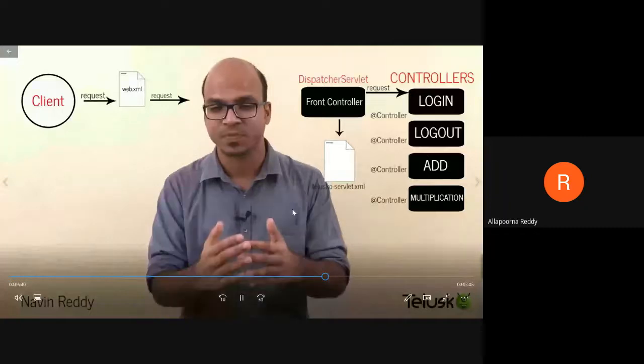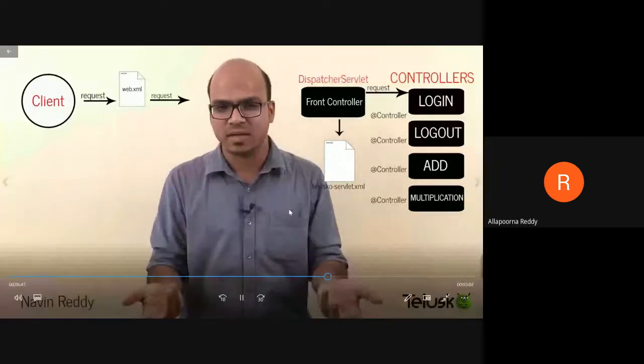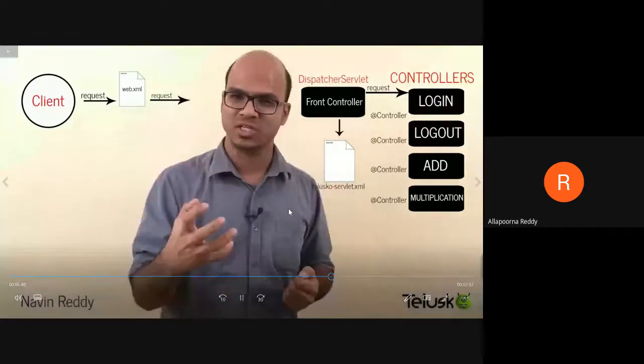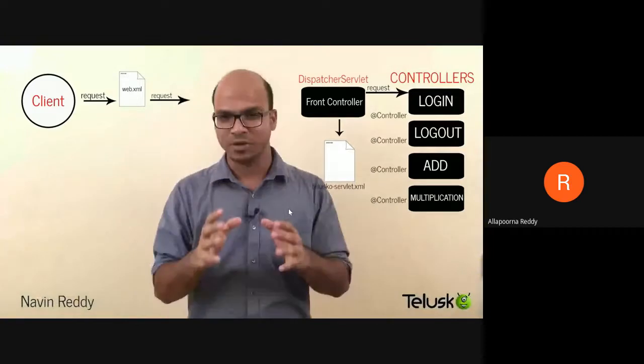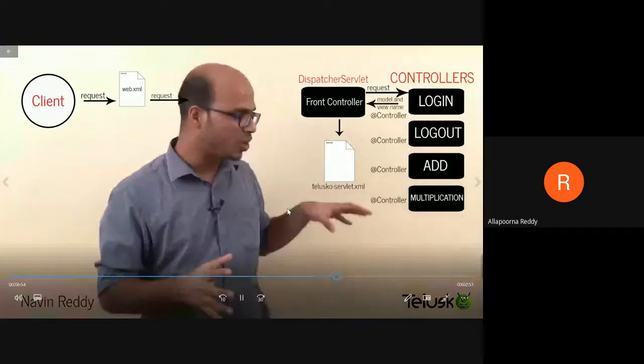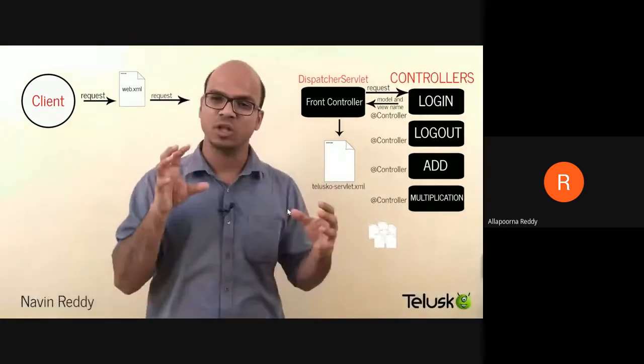So after the processing, as a client, what do you need? Some page, right? So that controller will return you a page. Not exactly. That controller will give you the name of the page. Because it might happen that you have lots of pages. When you are building a website, you will be having lots of views.